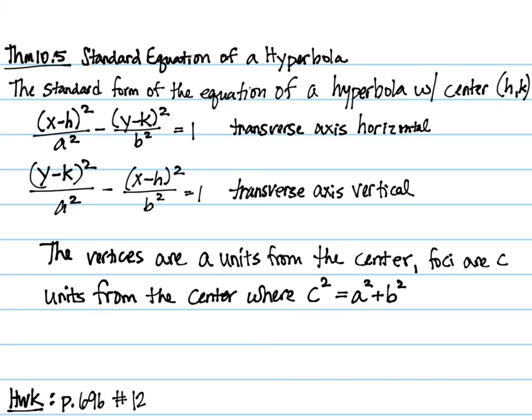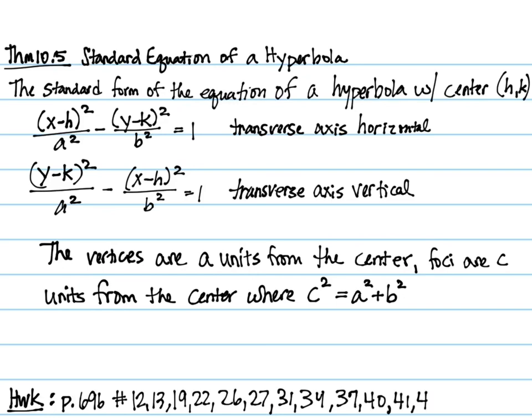It's problems 12, 13, 19, 22, 26, 27, 31, 34, 37, 40, 41, 44, and then this 51 through 56 is just an identification. You're looking at them and saying, it's an ellipse, it's a hyperbola, it's a parabola. That's all you're doing in the last set.